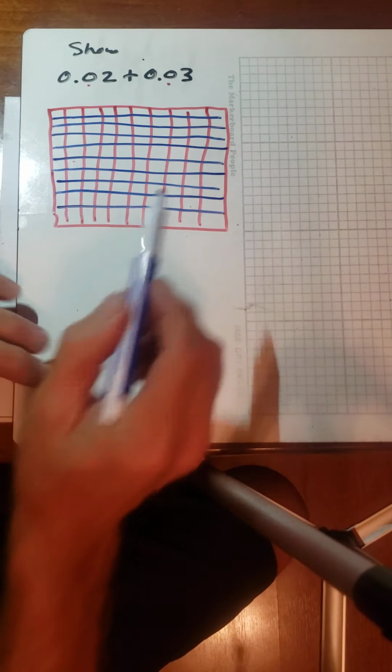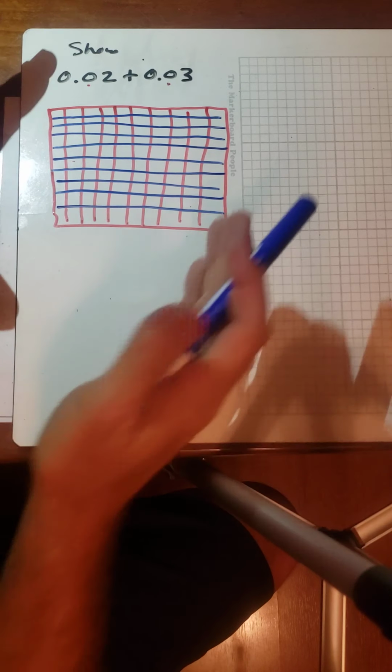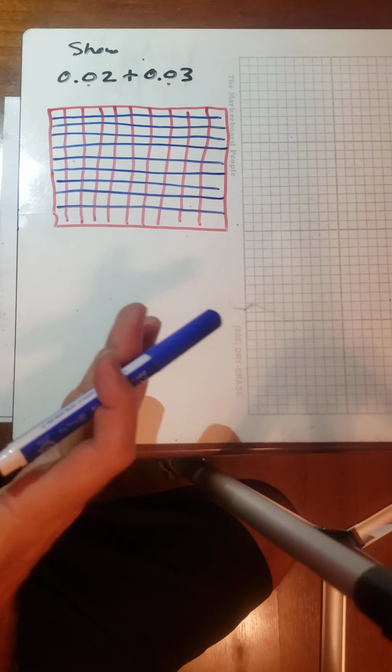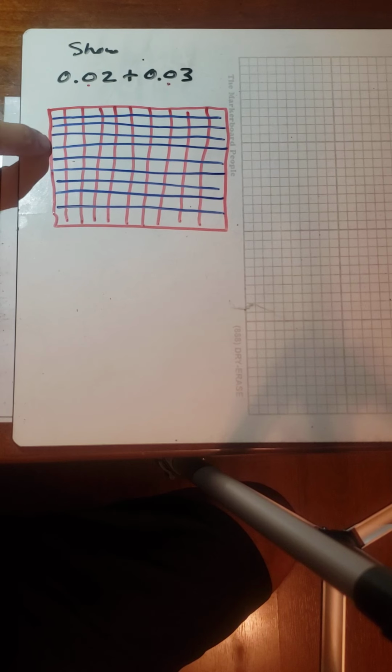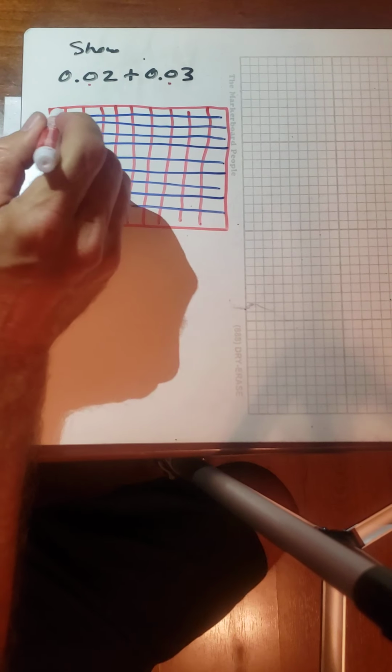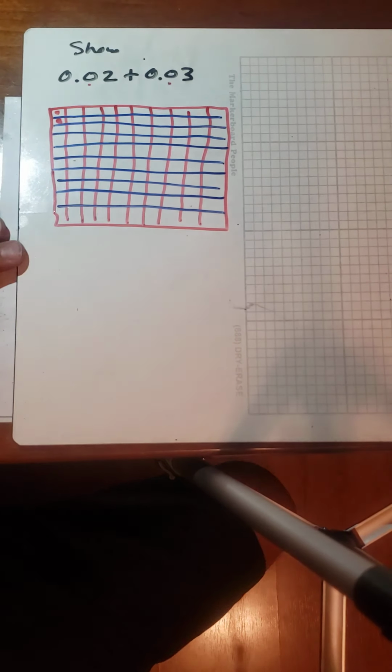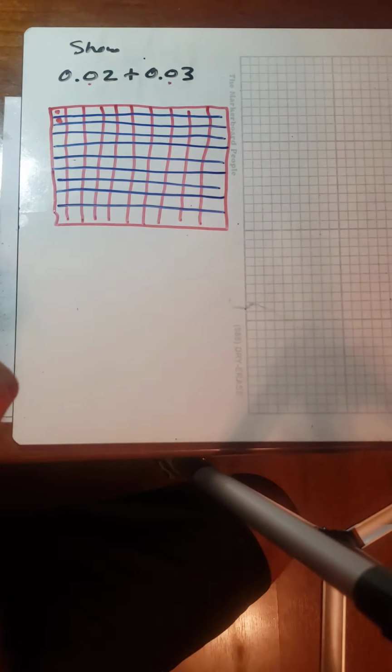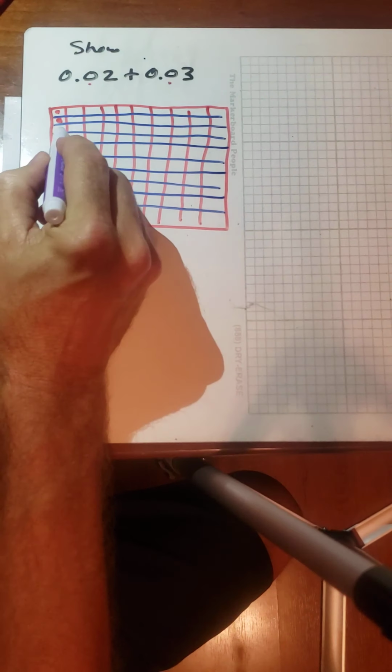All right, so there we go. So now I've taken my 1 that I started with and I've broken it up into these really small pieces here. So now I can show, all right, I've got 2 100ths, 1, 2, and then I have 3 100ths. So that's 1, 2, 3.